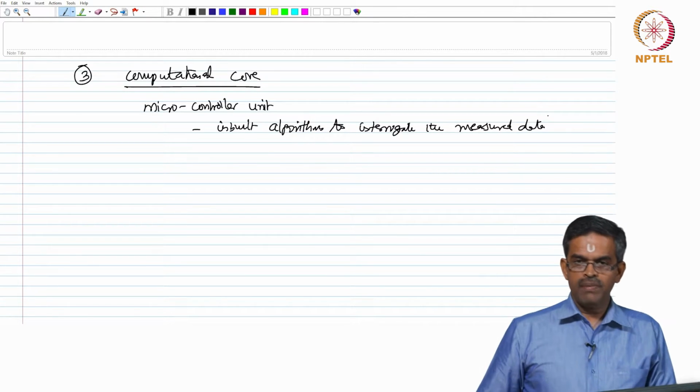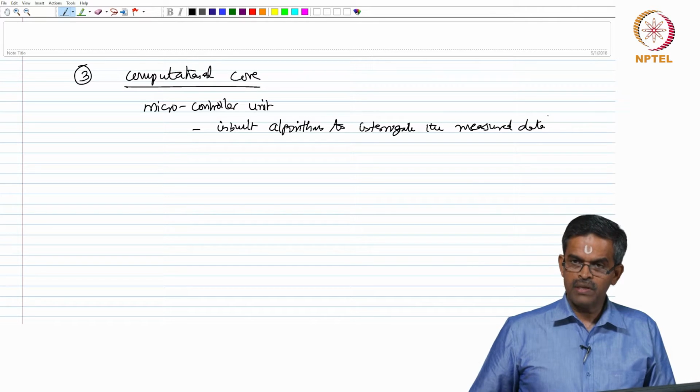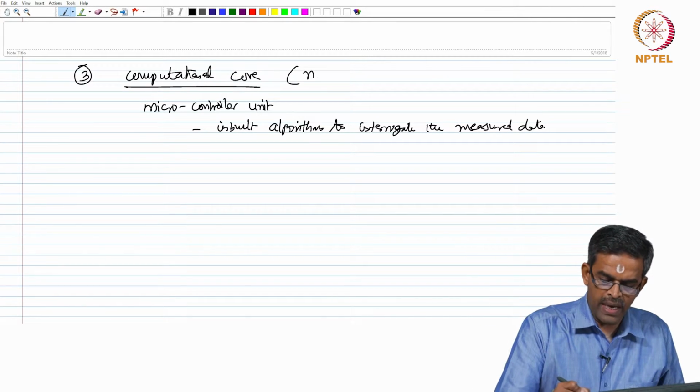Nowadays, please understand friends, the computational core is not a blind analyzer.